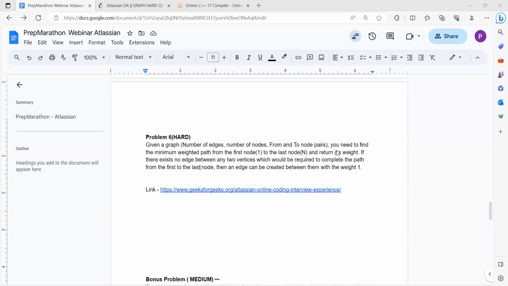So read this problem and try to solve it. Everyone can solve it, just focus on the lines and whatever information is given to you.